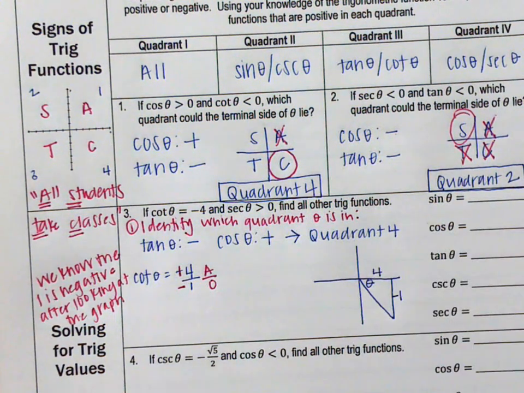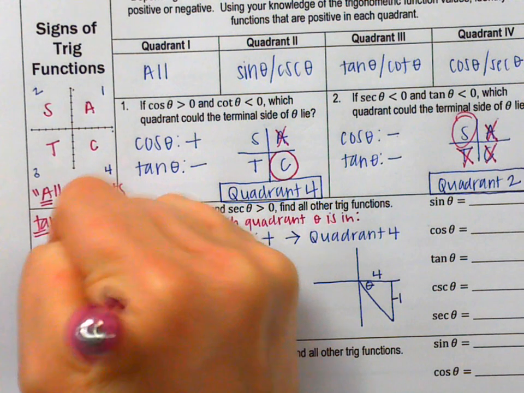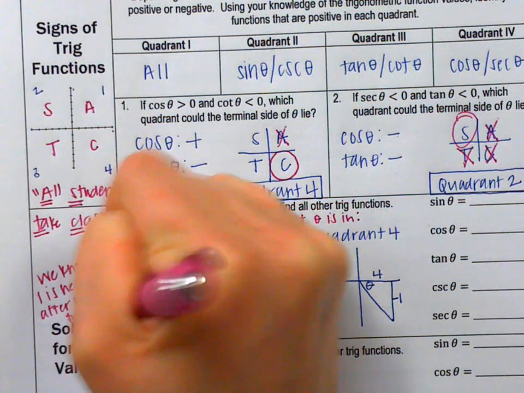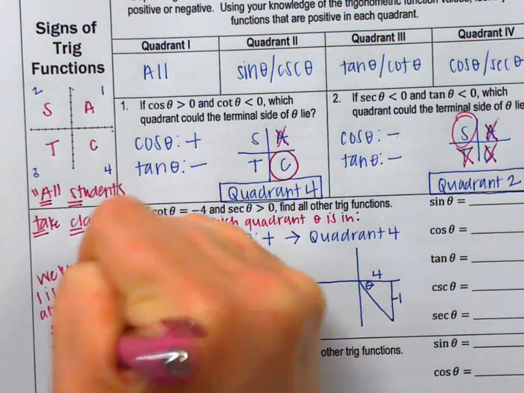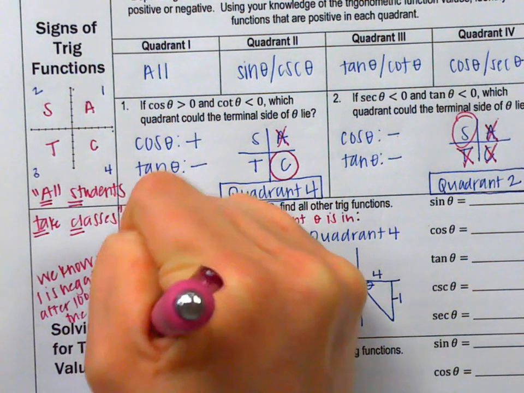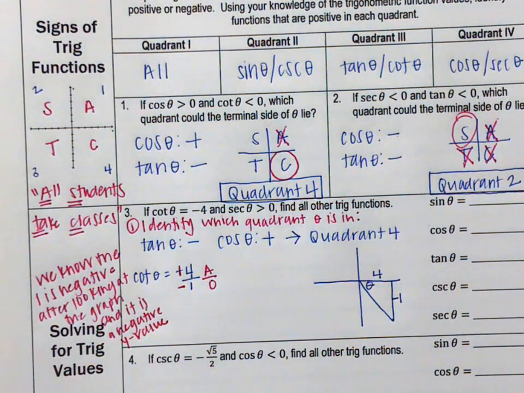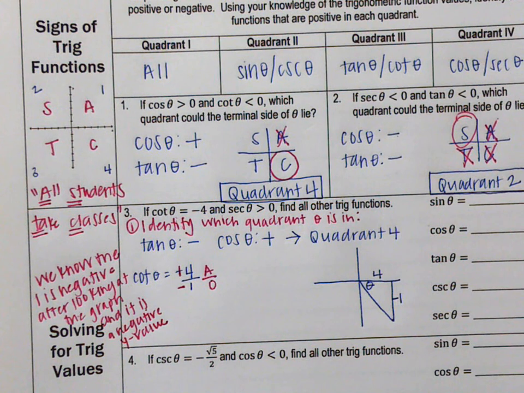And it is a negative y value. Okay, so then from there, I have two legs of my triangle, and now I just need to find the hypotenuse. So just like before, we're going to use the Pythagorean theorem.